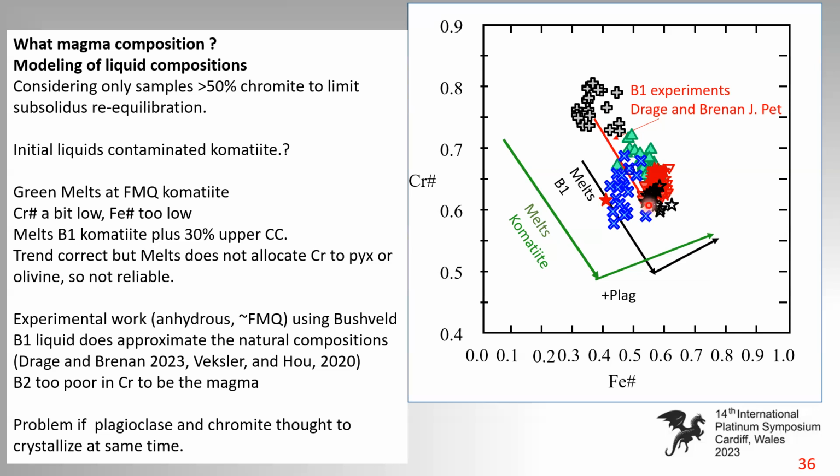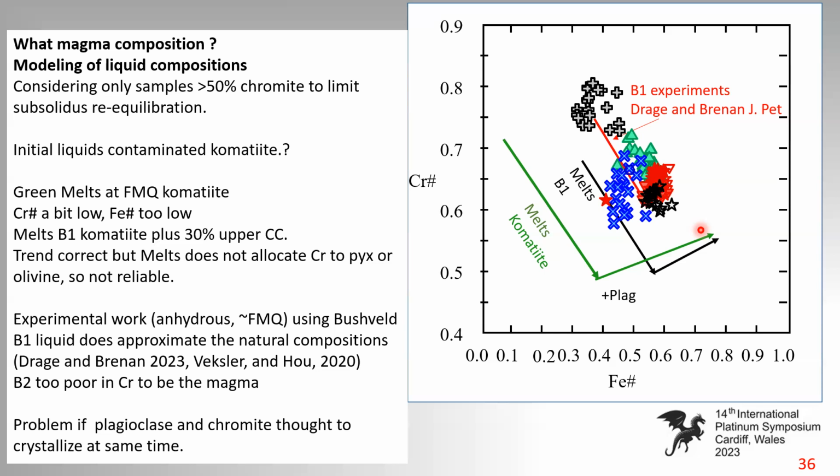So a contaminated chromitite. If we look at using MELTS and we just take chromitite, you can see that the iron number is way too low, although the chrome number is not so far off. It goes up there, that's when plagioclase comes in. But MELTS is not a good thing to do when you are crystallizing orthopyroxene.